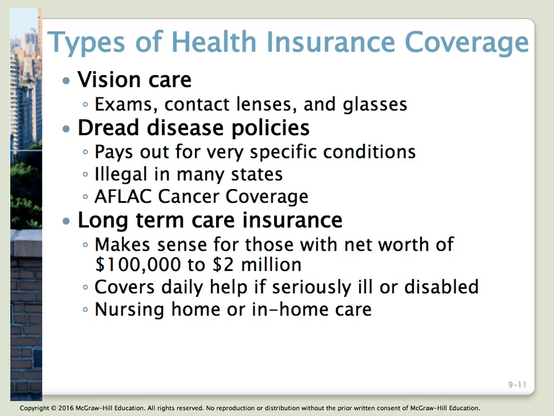So it is very specific in what it covers. They're usually fairly expensive considering the coverage that you're getting, and you would be better off to use your money for a broader coverage plan that would cover cancer, but not only specifically for cancer. So be careful about those types of policies.